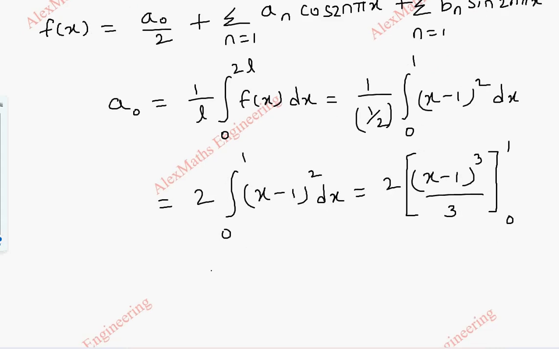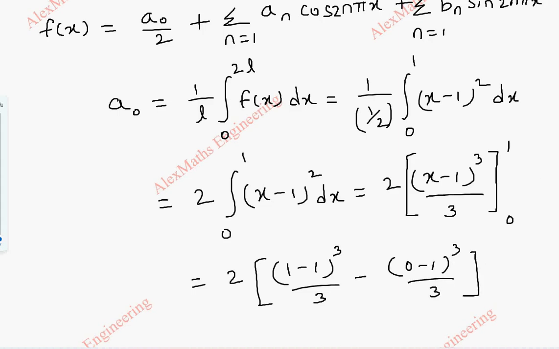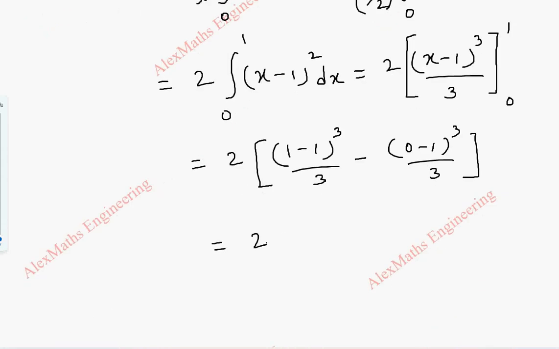When I use the upper limit, it will become 1 minus 1 whole cube by 3, which is 0, minus, when I use lower limit, 0 minus 1 whole cube by 3, and anyway the first term is 0, and minus, this is minus 1 whole cube is minus 1, so we can make this as plus. So finally this is 2 by 3. Thus we got the value of a0, which is 2 by 3.